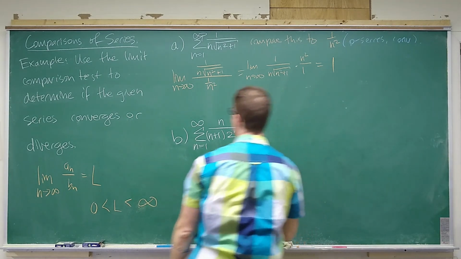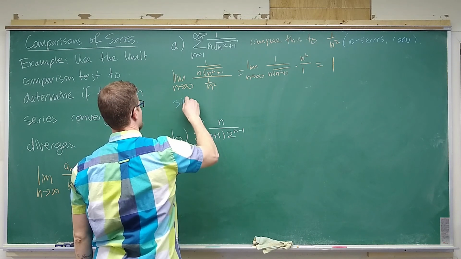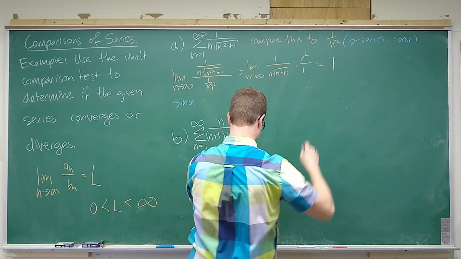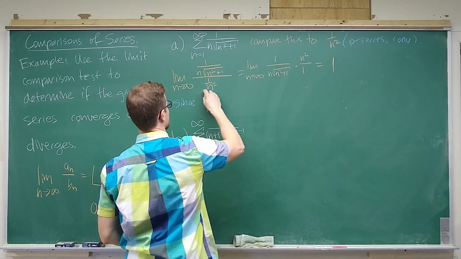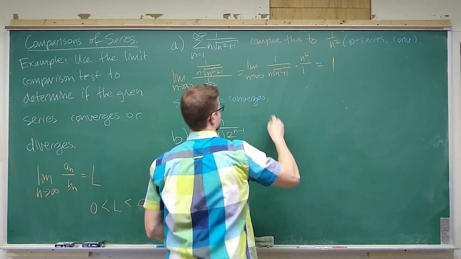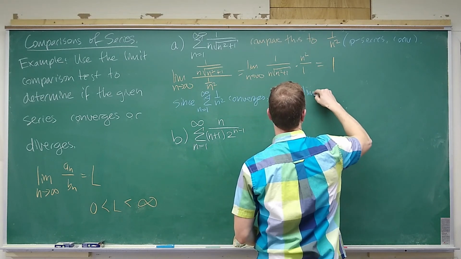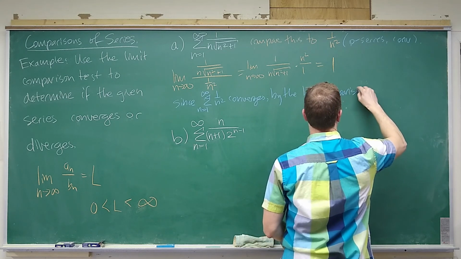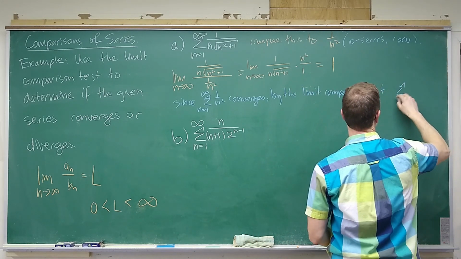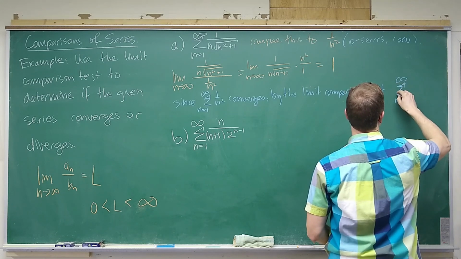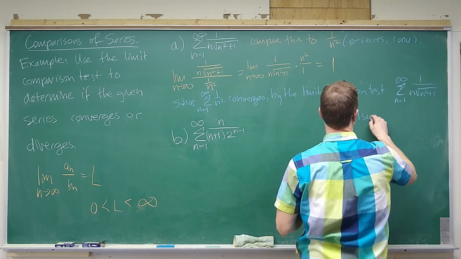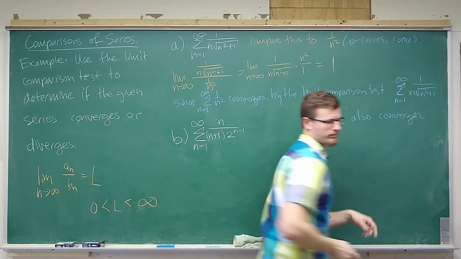So our conclusion: we already showed that the limit is finite, so since the sum from 1 to infinity of 1 over n squared converges, by the limit comparison test, the sum we're interested in, the sum from n equals 1 to infinity of 1 over n times the square root of n squared plus 1, also converges. Excellent.